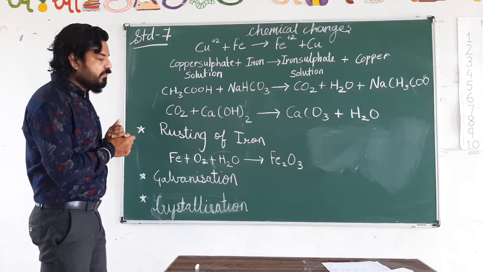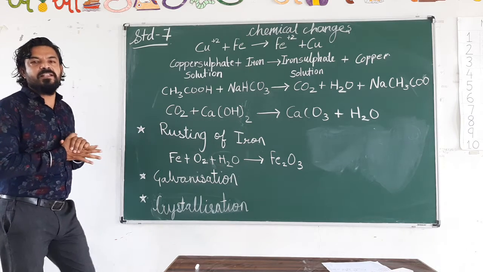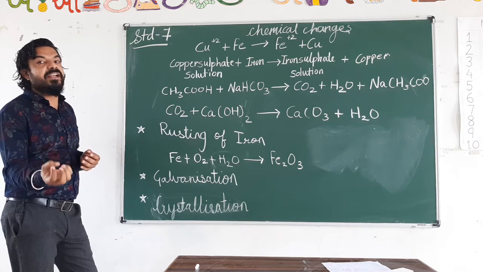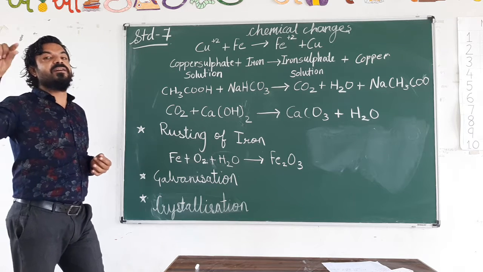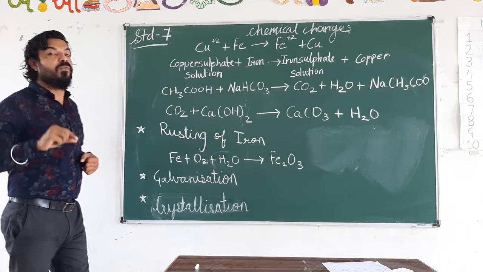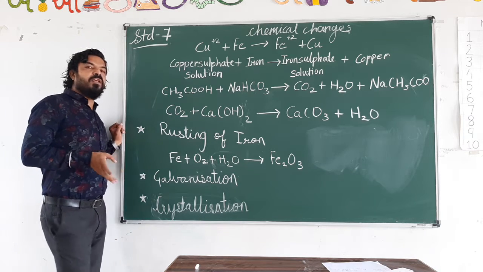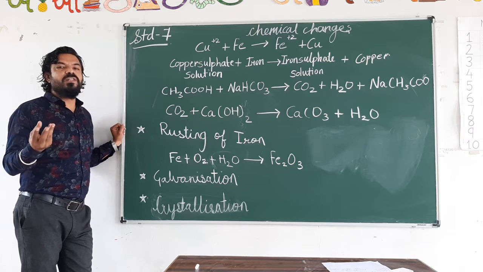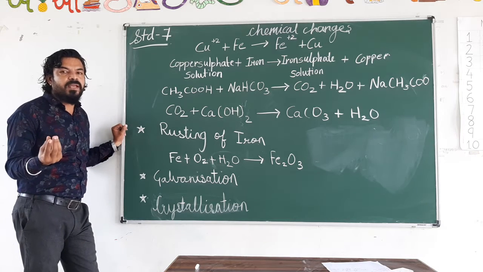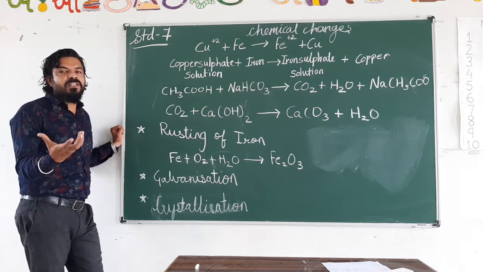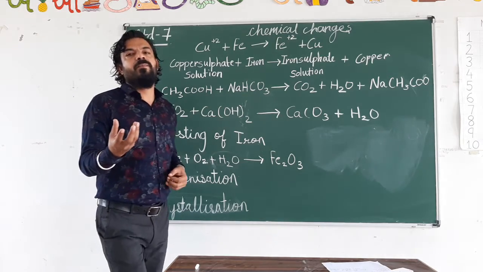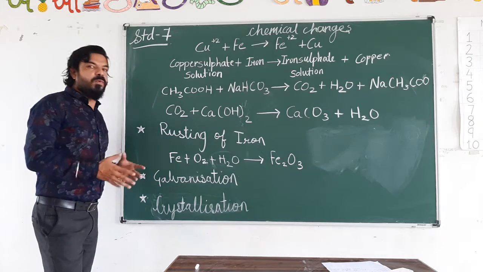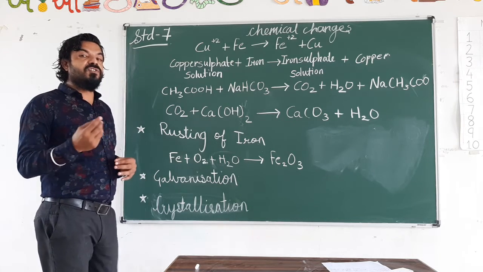When you add dilute sulfuric acid in a beaker and heat it, when it starts boiling, add some copper sulfate powder. After some time at the base you will see big crystals. So with the combination of two materials you also get crystallization.